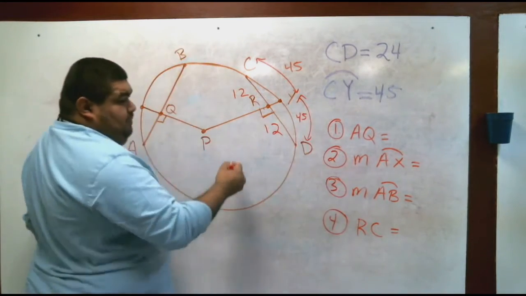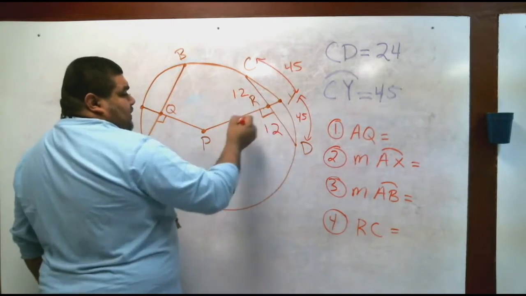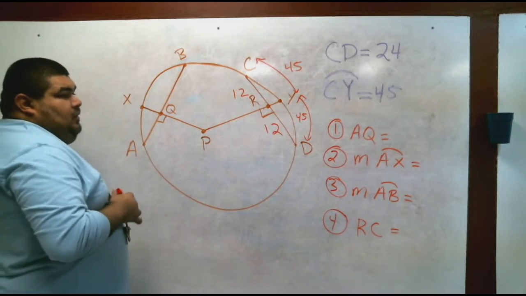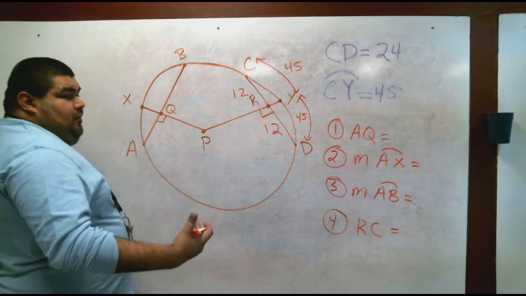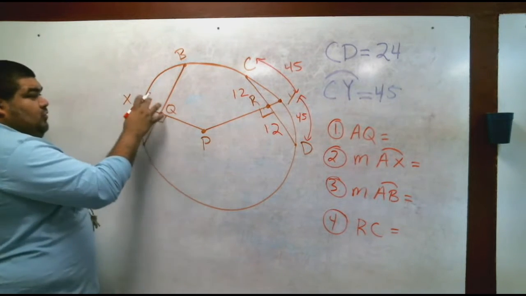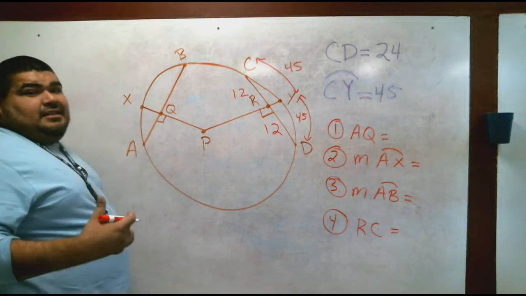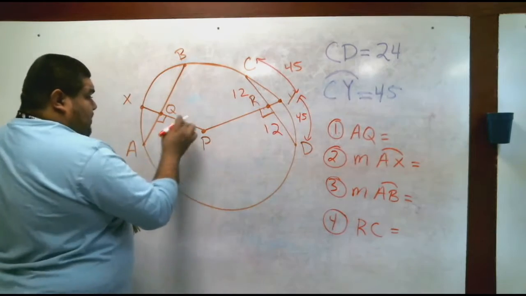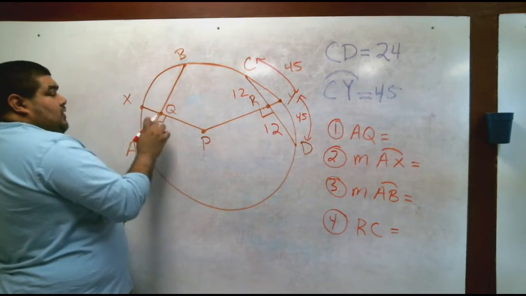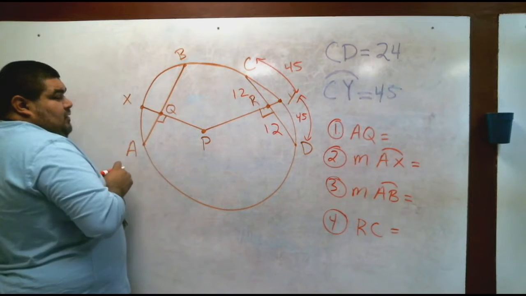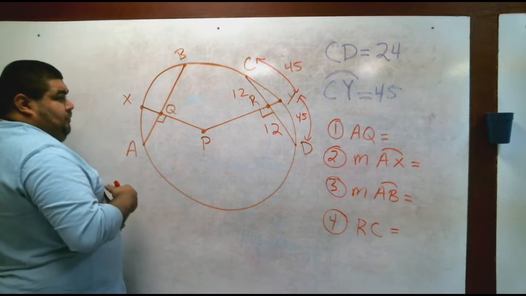Because it's being bisected by PY. All right, now that we know that, we can assume that the other side is exactly the same, okay? Because remember, it makes a 90-degree angle. It intersects at a perpendicular line from the radius.